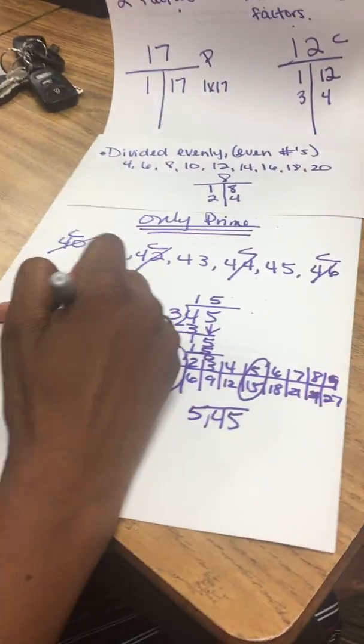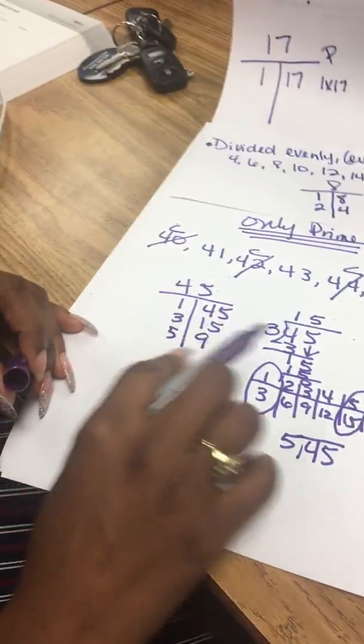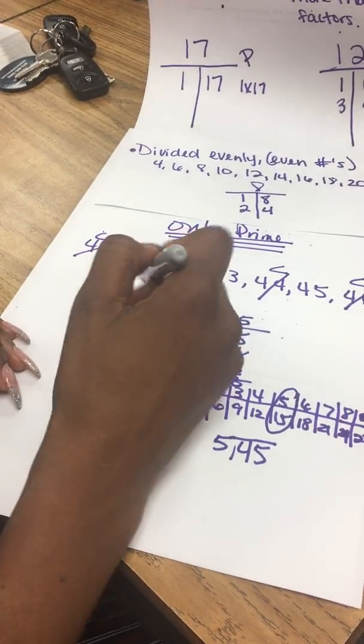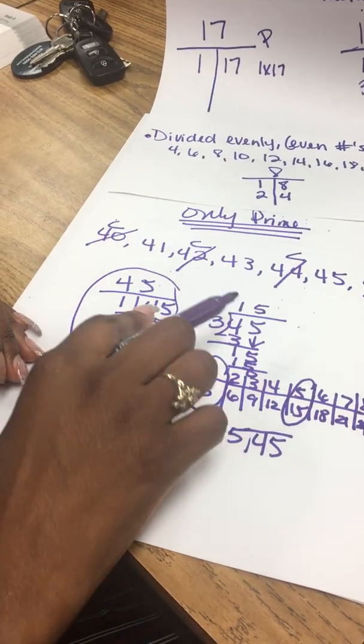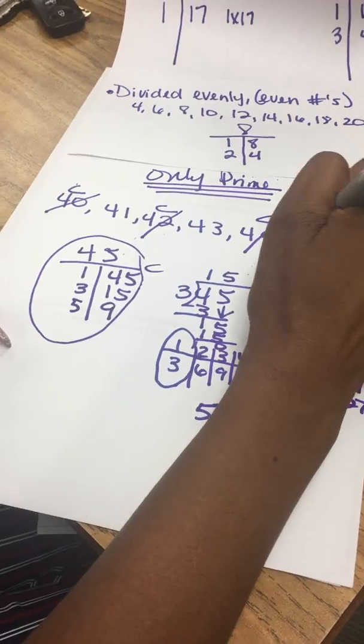So it's 5 times 9. And they can go all the way to 9 when trying to divide. But this is pretty much it. Since this has more than 2 factors, this is composite.